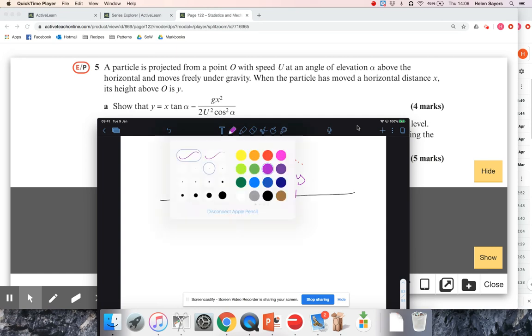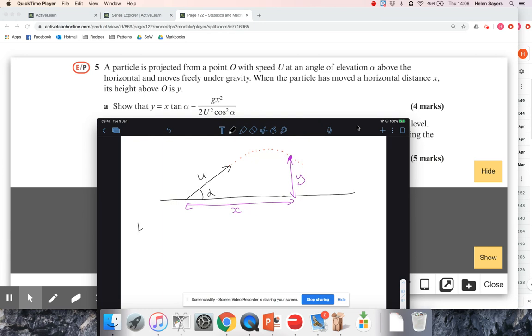So I definitely need to think horizontally and vertically. Let's do horizontally first, just because that's a little bit easier.